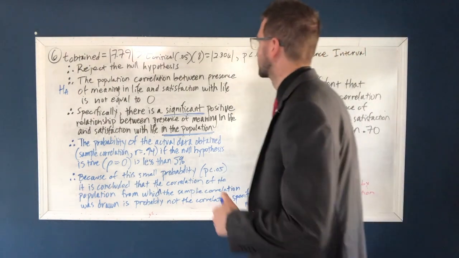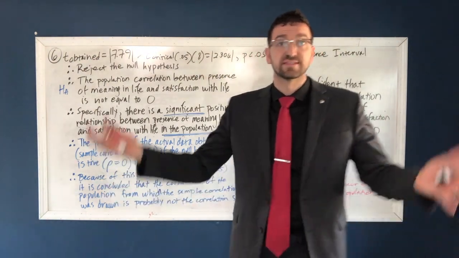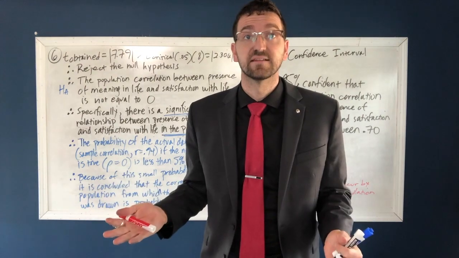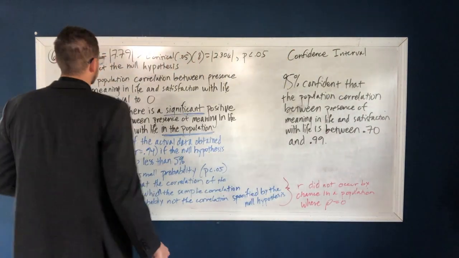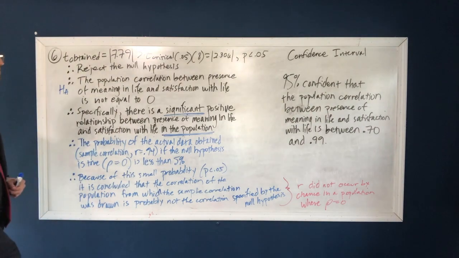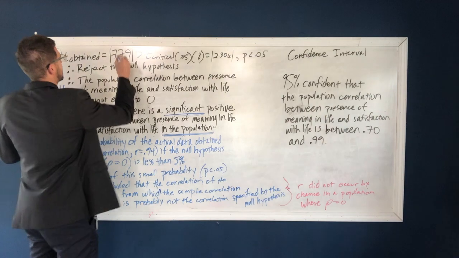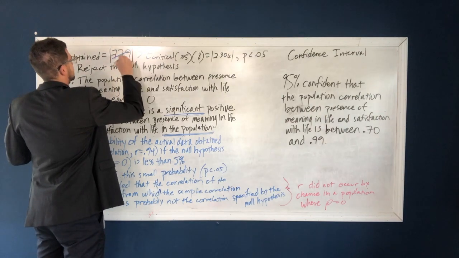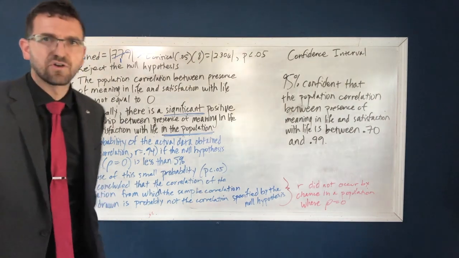So the last thing that I want to do is, here we rejected the null hypothesis, but what if we retain the null hypothesis? Okay. So let's say we did our t obtained and we found out that our t obtained was just 1. Okay. So now go back.